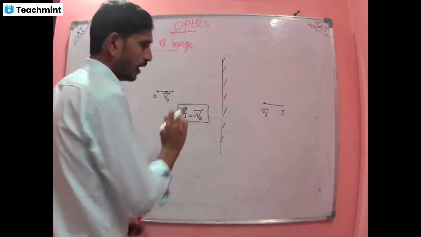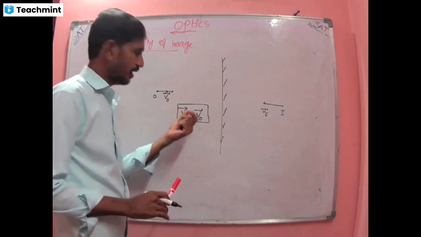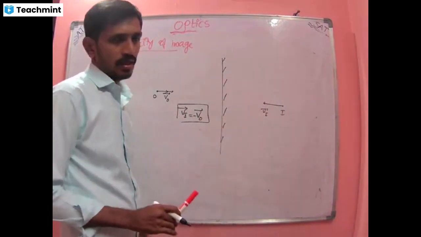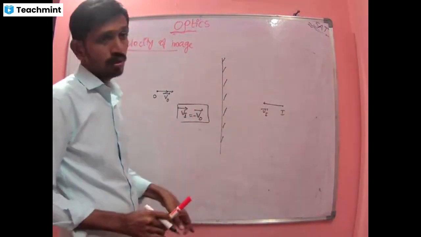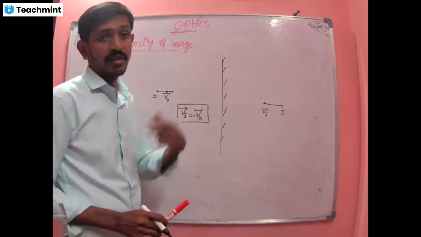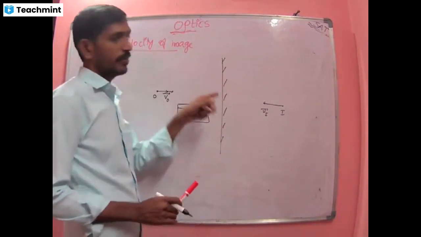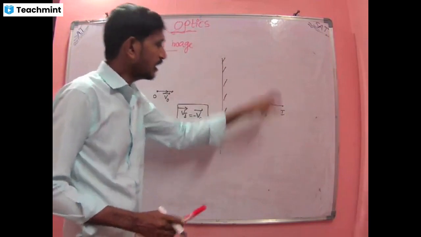Now these are only the individual velocities of the object and image. With respect to the mirror, we have to find the relative velocity of the object with respect to the mirror and the relative velocity of the image with respect to the mirror.